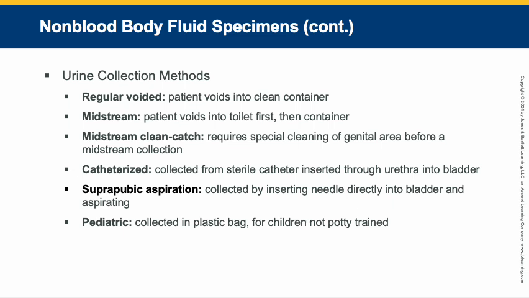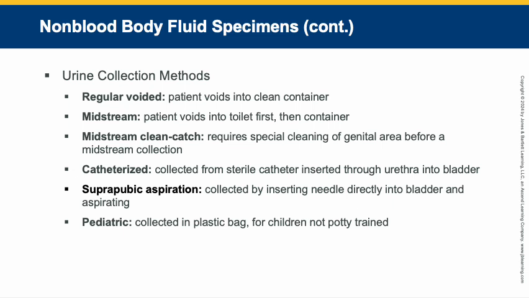468, procedure 13.3. This is the clean catch urine specimen method for a male. So if you skim down to number 3, retract the foreskin if applicable. Wash the end of the penis with the special wipe or soapy water, beginning at the urethral opening and working away from it in a circular motion.